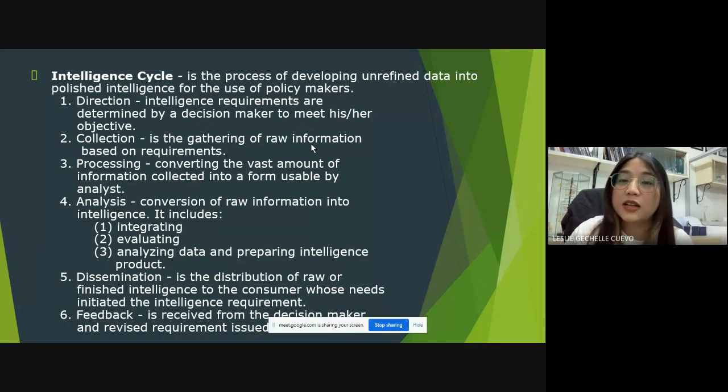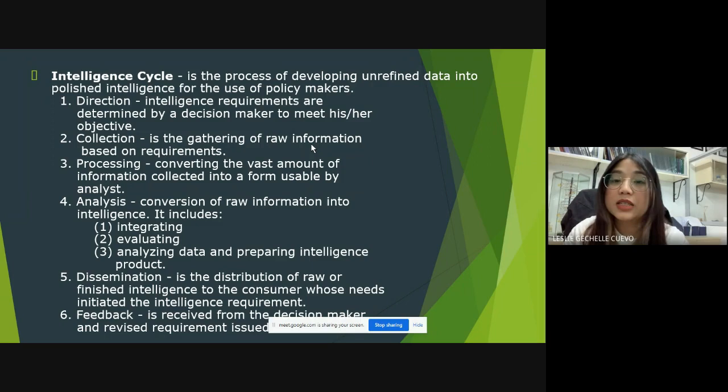Okay, intelligence cycle is the process of developing unrefined data into polished intelligence for the use of policy makers. Nakakuha ka ng information, inanalyze mo siya, at kapag napatunayan mo na lahat na legit yon at alam mong magagamit ninyo sa operation ninyo, then it becomes intelligence. First is direction. Intelligence requirements are determined by a decision maker to meet his or her objective.